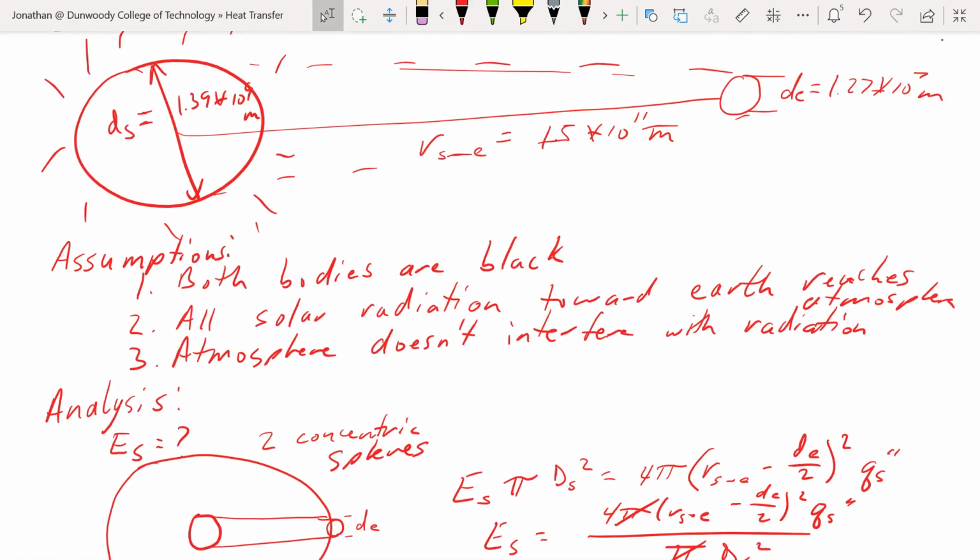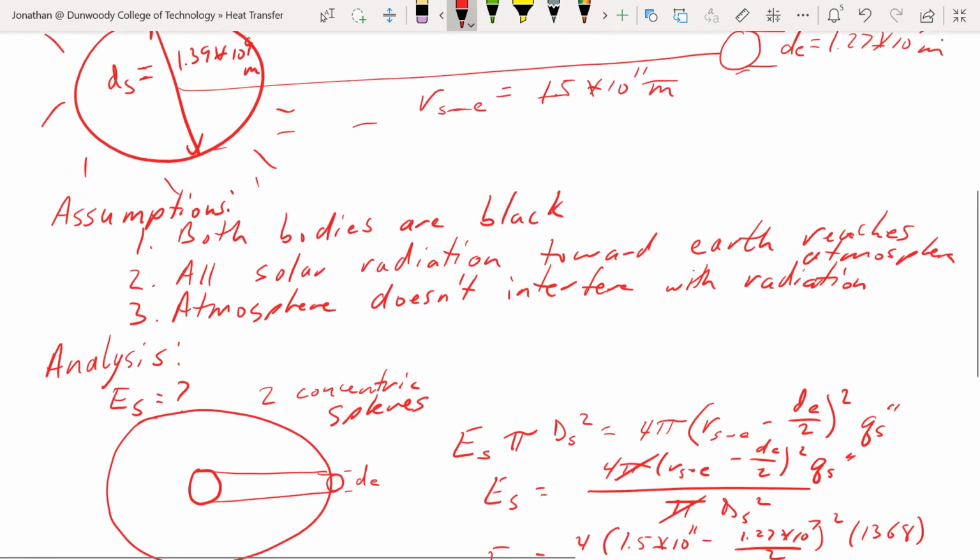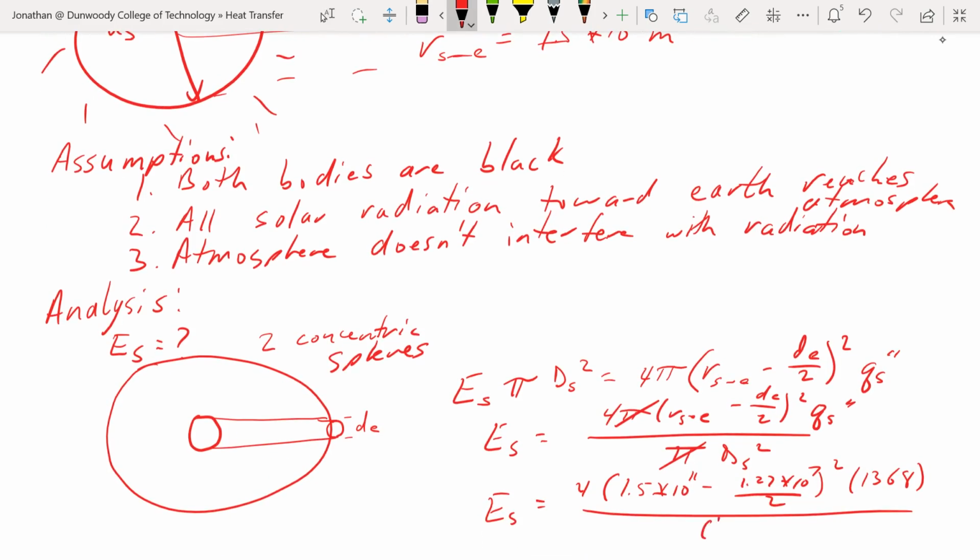Go back up, yep, 1.27 times 10 to the 7 over 2 squared times 1368 all over 1.39 times 10 to the 9th squared.